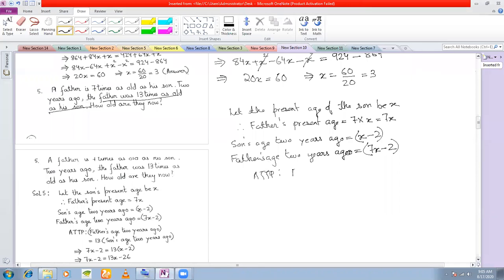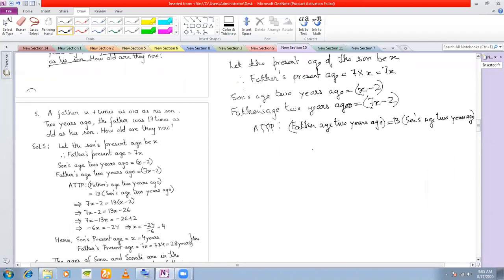So according to the problem, father's age 2 years ago must be equal to 13 times son's age 2 years ago. We'll put the values. Father's age 2 years ago was 7x minus 2, and son's age 2 years ago was x minus 2.